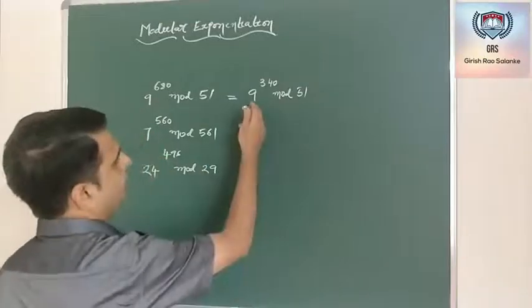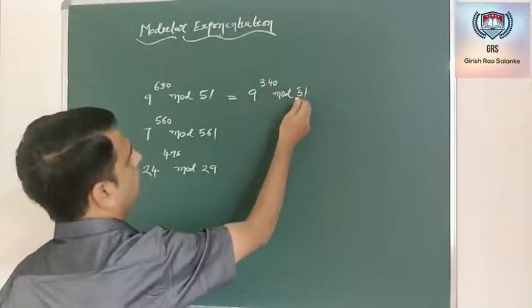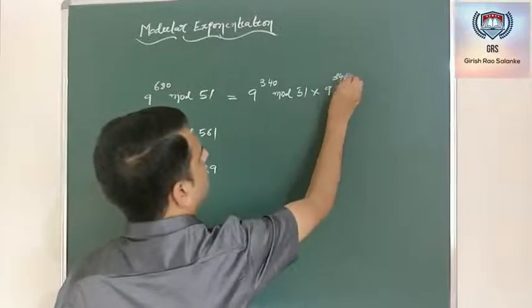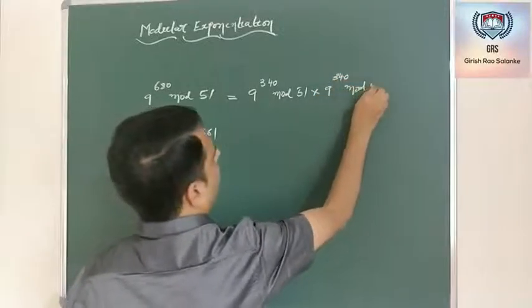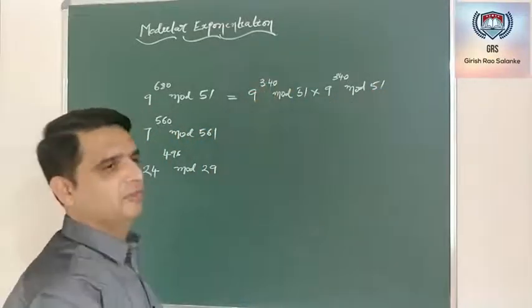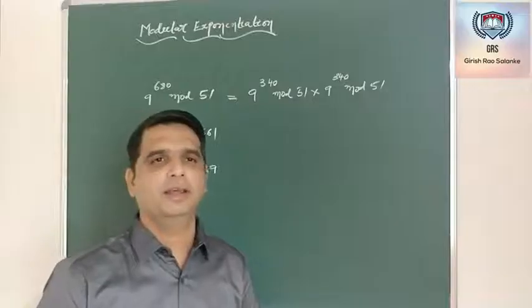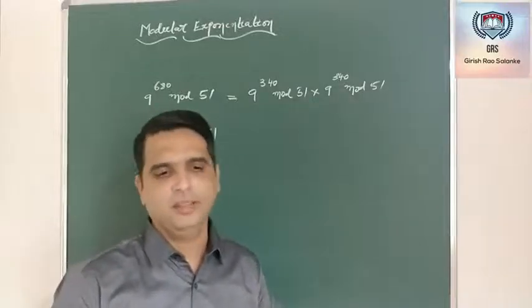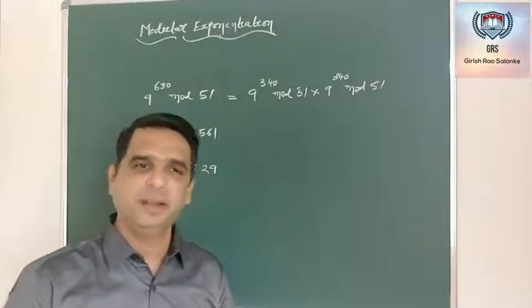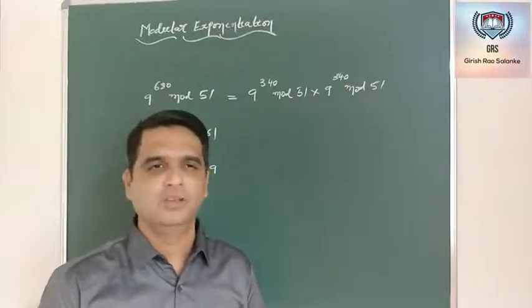Because after calculating 9 to the power of 340 mod 51, I should multiply this once again by 9 to the power of 340 mod 51. The challenging part is how to find 9 to the power of 340. We again divide that as 9 to the power of 170, and 9 to the power of 170 needs to be divided further, and so on.